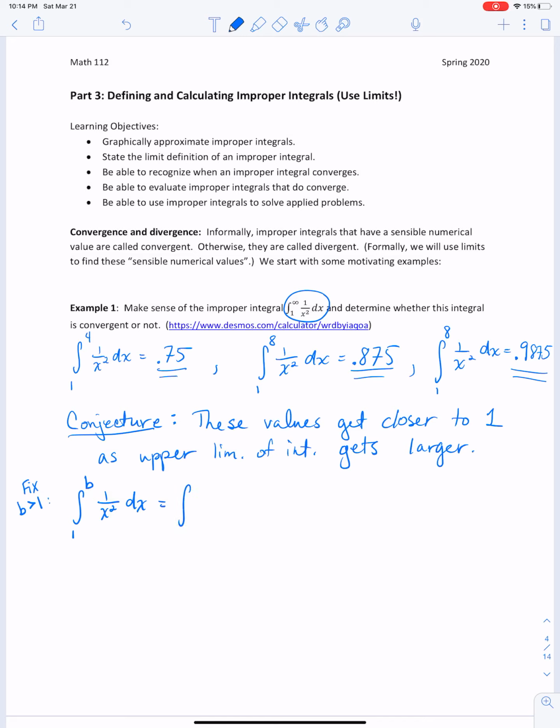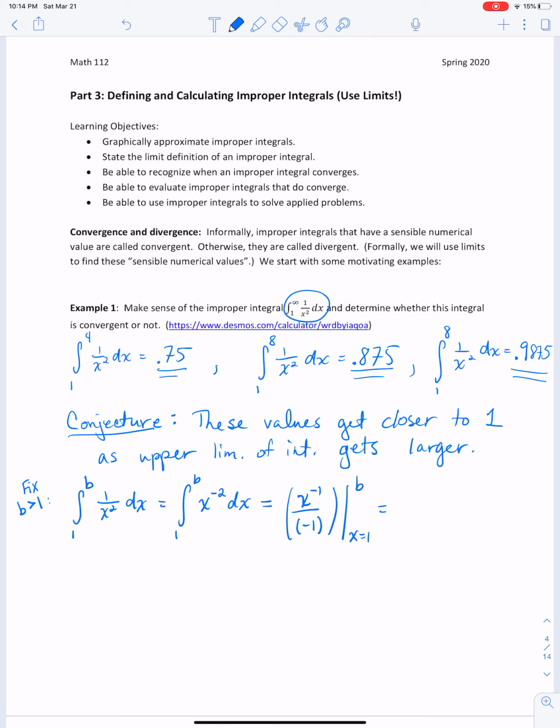Rewrite the integrand as x to the minus 2, and that's easy to work with using just the power rule for integrals. We add 1 to the power, so we end up with x to the minus 1, and we divide by minus 1. Then this is what we are going to evaluate from x equals 1 to b.